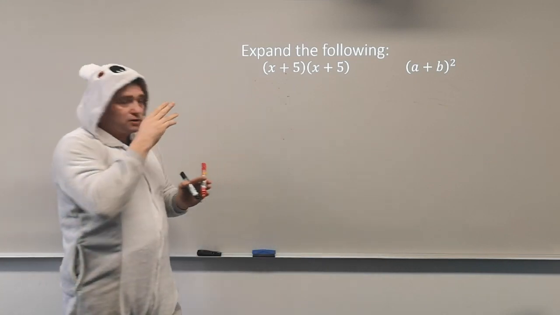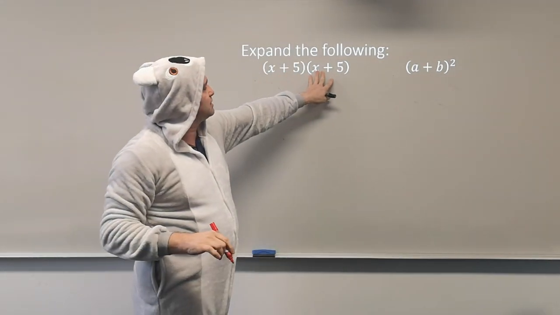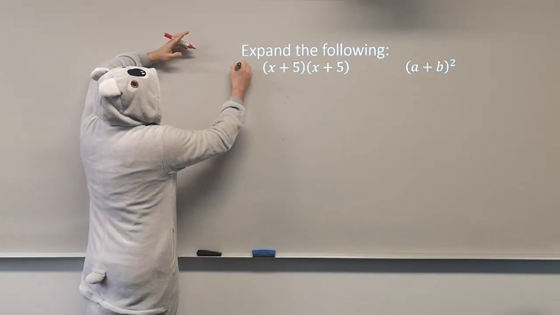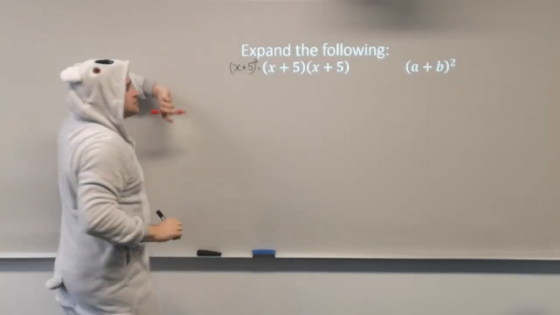Next, we're going to look at an actual square. So we've got x plus 5, x plus 5, which is actually the same as saying x plus 5 squared.